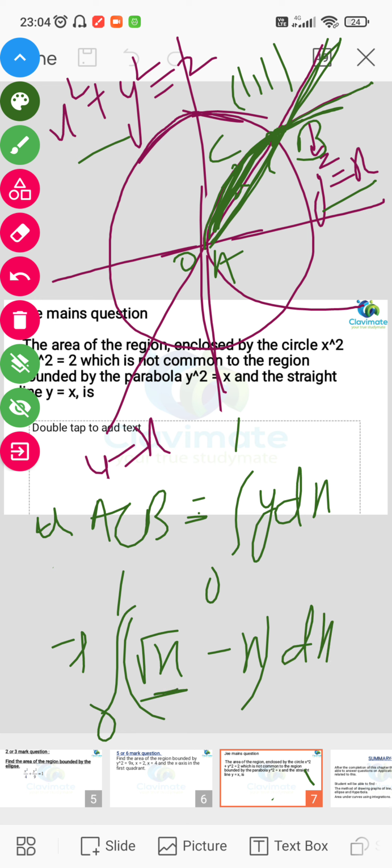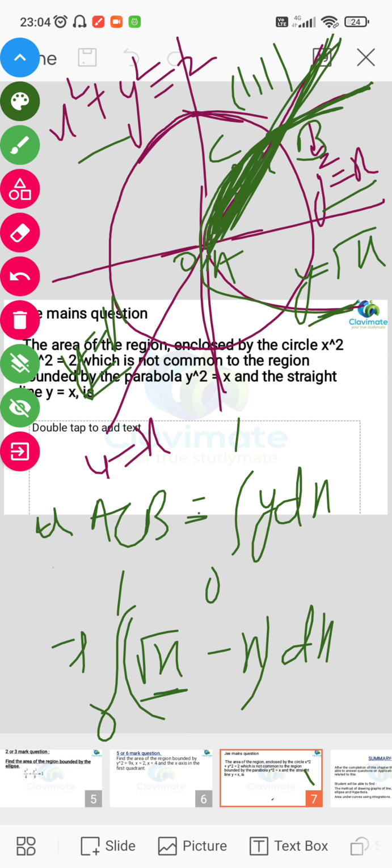y is root x because y square is equal to x, so y is equal to root x. I am finding this area, so I have to subtract the line from the parabola. So what is the value of y from the parabola? It is root x. And what is the value of y from y is equal to x?